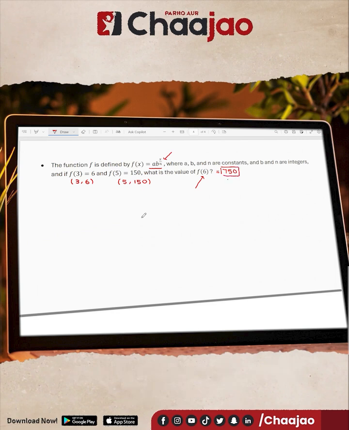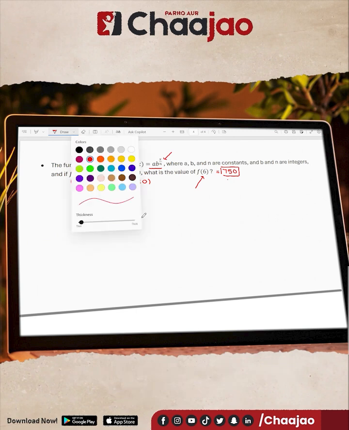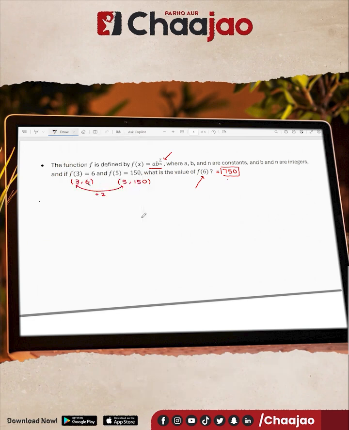Now, another way of interpreting this question: considering this is an exponential function, when x moved from 3 to 5, I observed a change of 2 units in x. And what's the change I observed in the value of y? It went from 6 to 150. So 150 divided by 6 is a change of 25 times when x changed by 2 units.